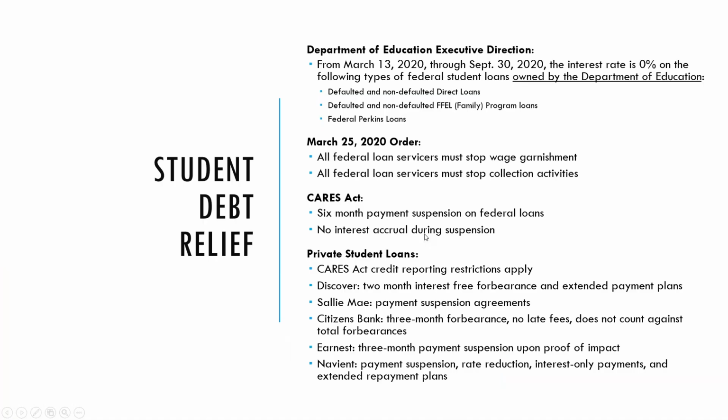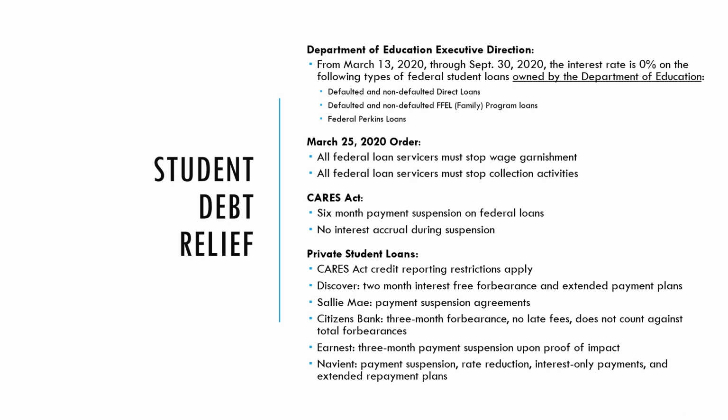Another group of folks we have on the phones who want to specifically throw some information at you is a group of student lenders. Obviously, the Department of Ed has taken very affirmative steps to try to deal with the federal programs, those that are the direct loan programs owned by the federal government, and those have included these collection order stops, wage garnishment stops, as well as setting the interest rate on those loans to 0%.